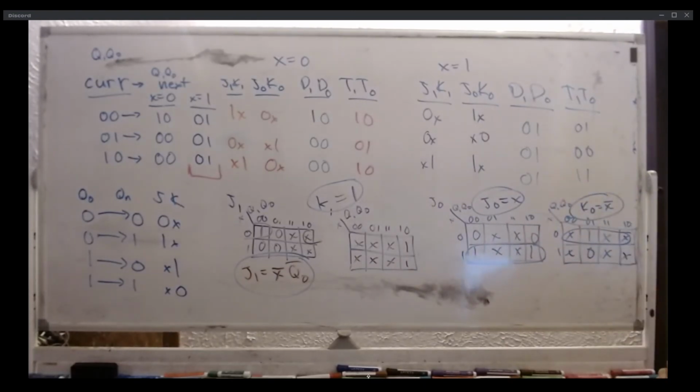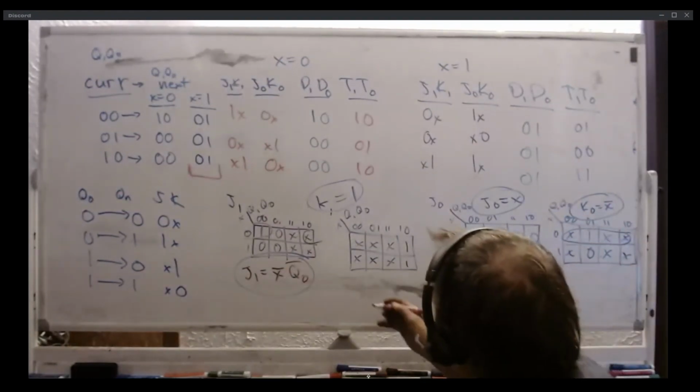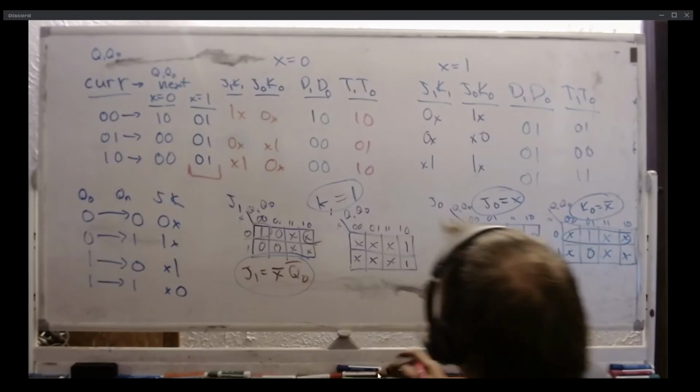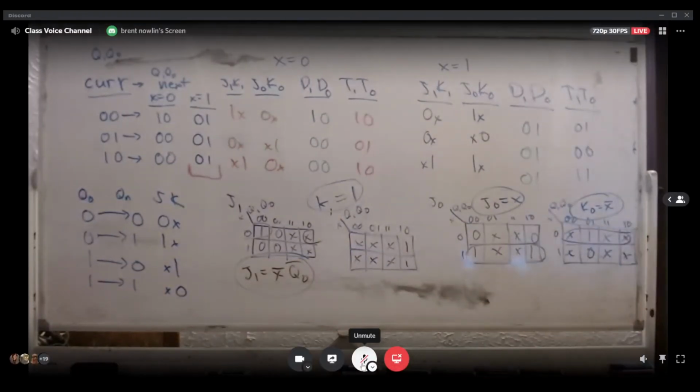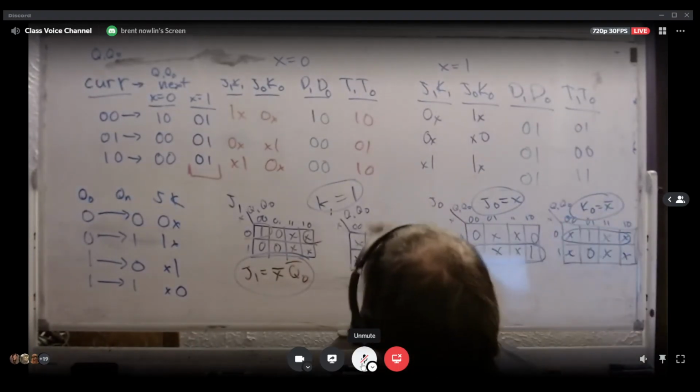So right off the bat, it's looking like flip-flop 0 should be a JK, assuming that one of the D's or T's doesn't work out. Okay. Ready for D1? Yep. Does everyone have this information for the J's and K's? Yes. Does anyone not have it? Okay, I'm going to move on then.